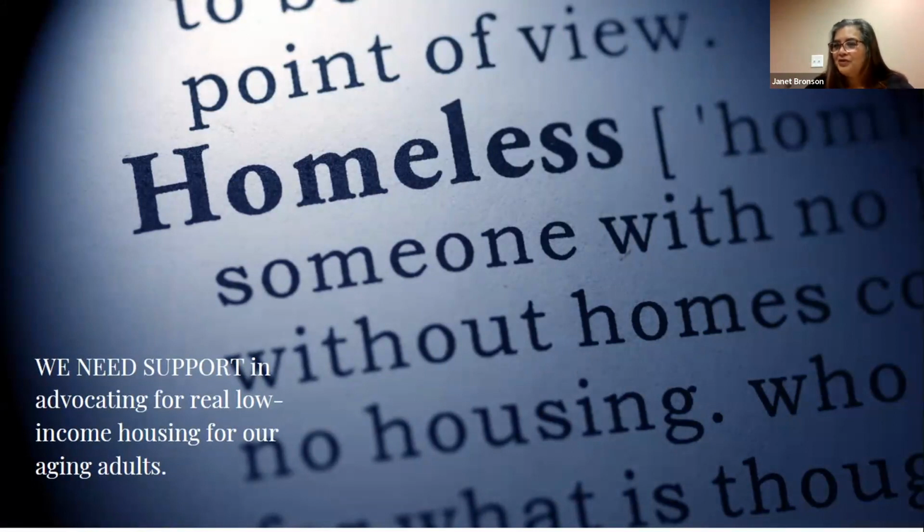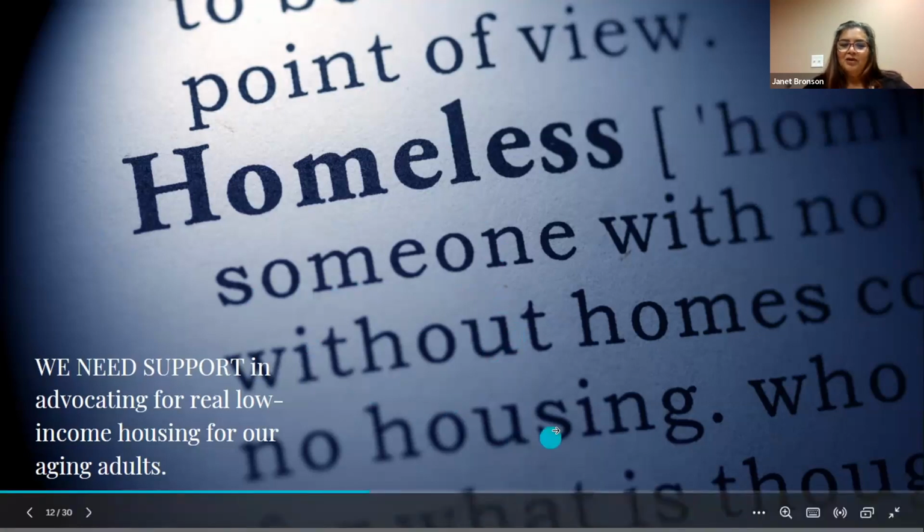So Social Security for one person could be anywhere from $900 to maybe $1,500. There's not very many aging adults that receive a $2,000 or plus Social Security check monthly.